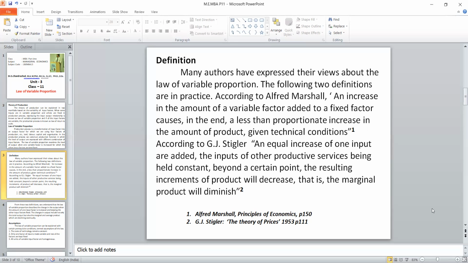The definition above is said in a different way here. When you keep on adding one particular input with the other fixed inputs, after a certain point the productivity will decrease. We used to call it as marginal productivity will diminish. Who said this? G.J. Stigler has said.